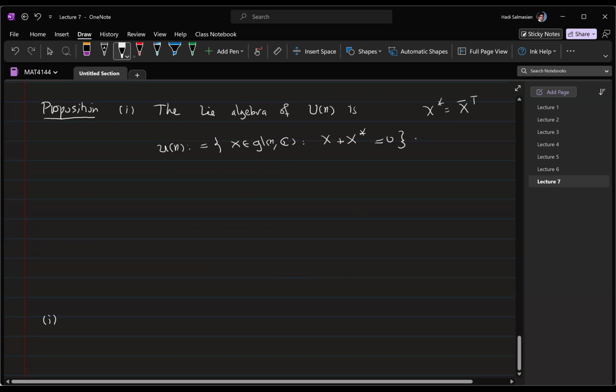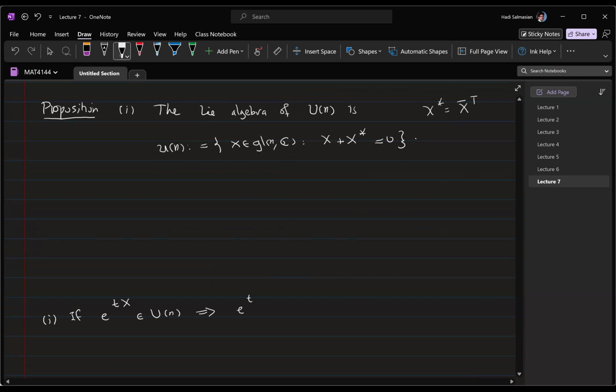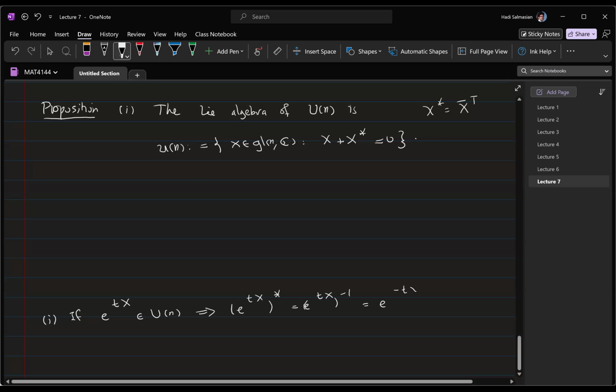So what's the argument? Suppose e to the tX is in the unitary group for all t. Then e to the tX star is e to the tX inverse, which is e to the minus tX.